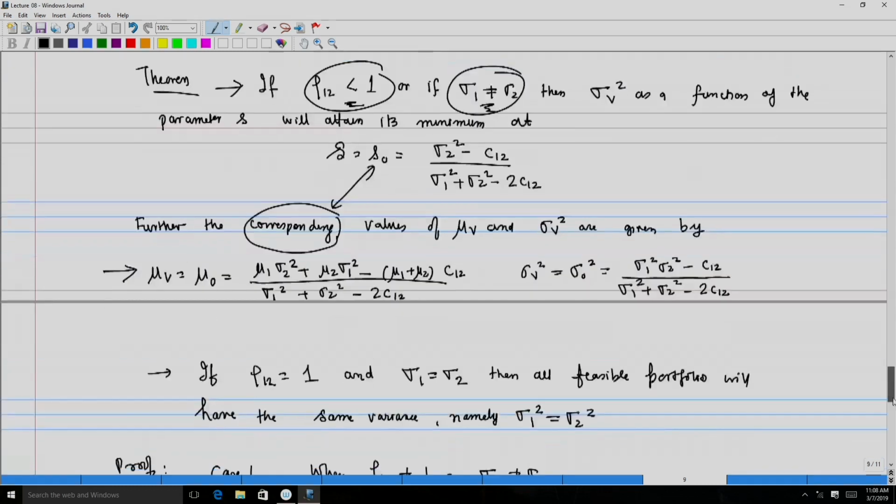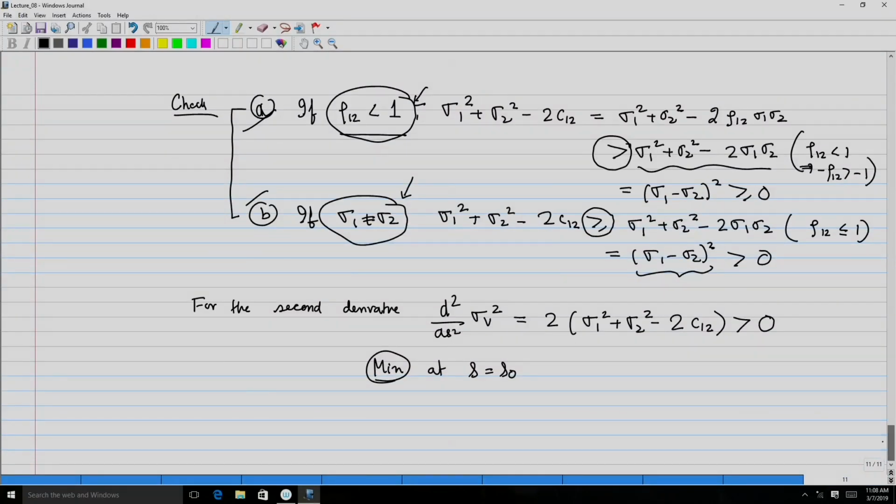So, in order to obtain mu naught and sigma naught square, all you have to do is mu naught is equal to S naught mu 1 plus (1 minus S naught) mu 2. So, you just put the value of S naught in both the places and you will get the expression of mu naught that is given in the statement of the theorem.